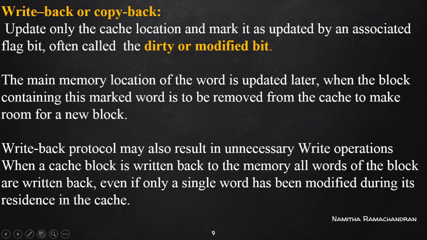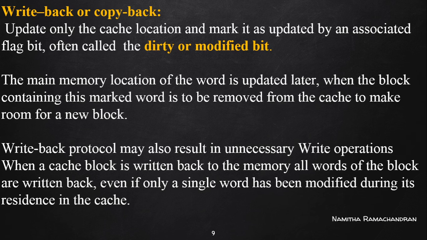So while replacing a block to the primary memory, we need to rewrite each and every memory word present in that cache block, even though only a single memory word was updated during the write hit operation. So it will also increase the number of write operations and cause unnecessary write operations.